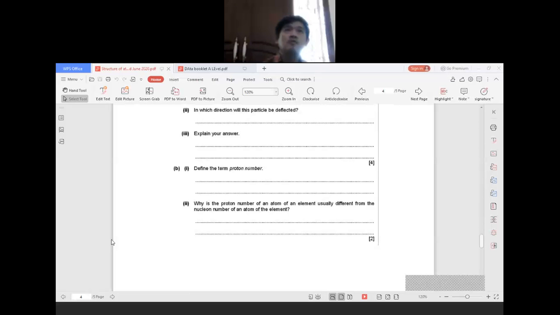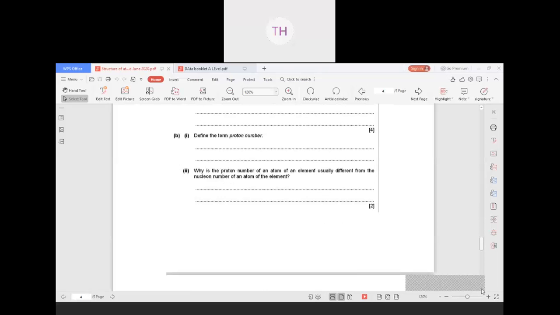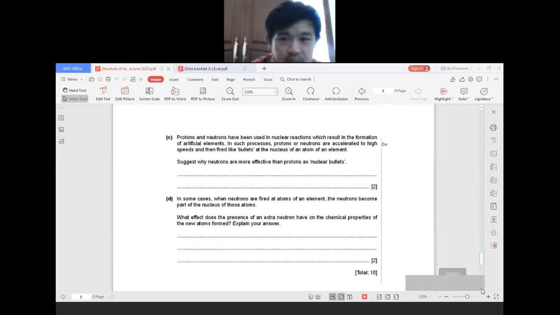The question is asking why the proton number is different from the nucleon number. Because there is a presence of neutrons. Okay, and then next, the last page.